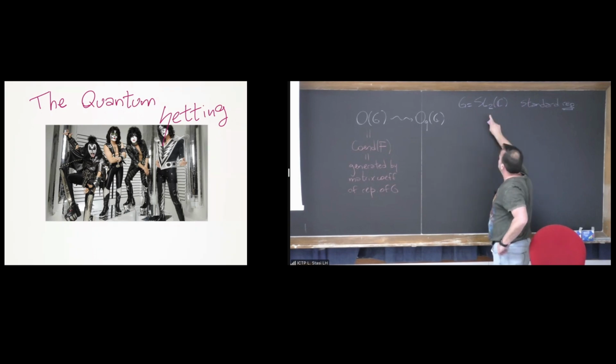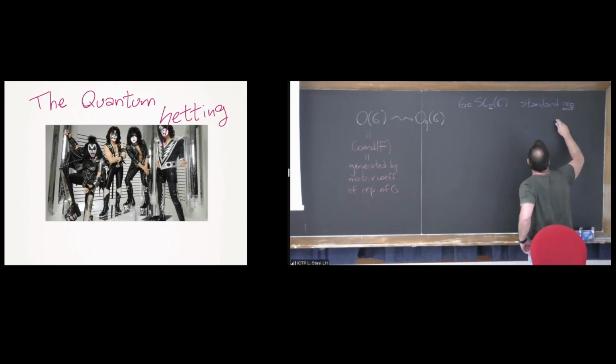We make a stop here. The representation of SL2, I explained in the last lecture. This is the group of matrices of determinant 1, and the representations are very well known.